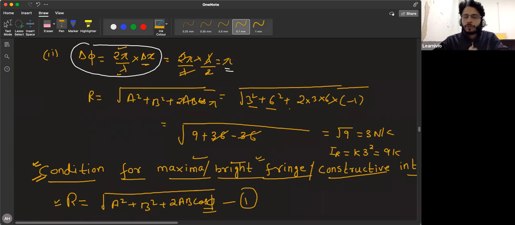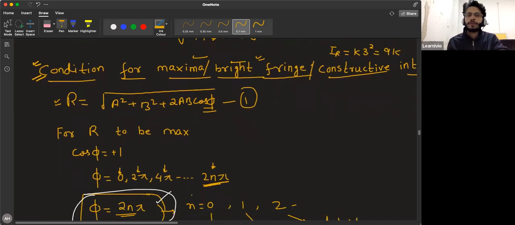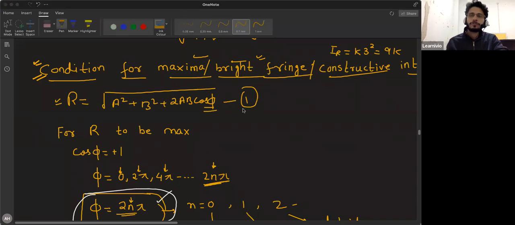And when is this value 1? The value is 1 if your phi angle is 0, or 2 pi, or 4 pi, or 6 pi, or you can say 2n pi. So your cos phi is maximum if your phase difference is 2n pi. If you put n equal to 0 here, what value you will get? 0.